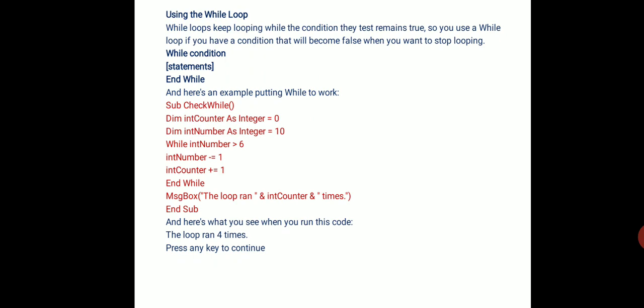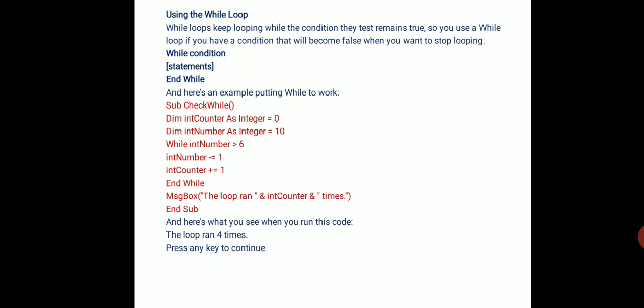Again it will go to the while loop: while number greater than 6. Yes, number has become 9 but it is greater than 6, and the next statement is number minus equal to 1. So number will be decremented from 9 to 8 and counter will be incremented to 2.